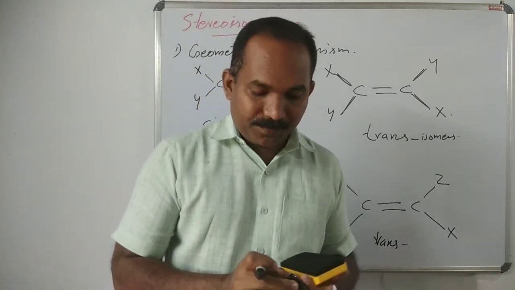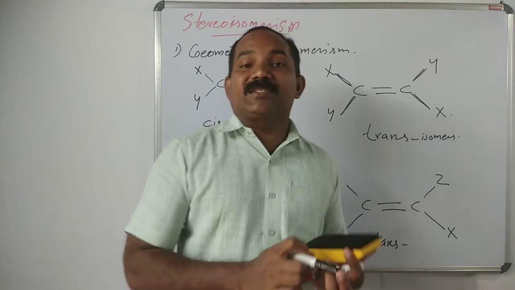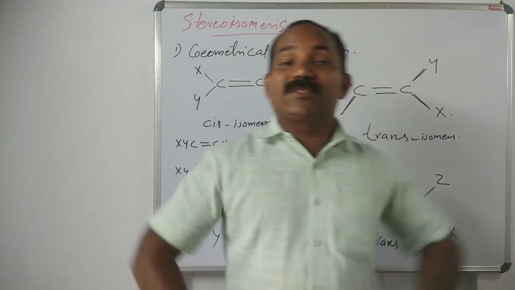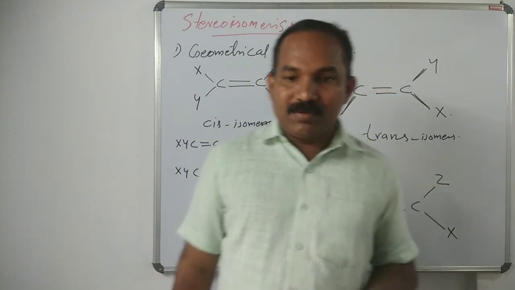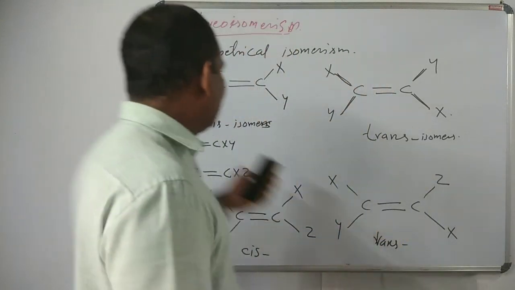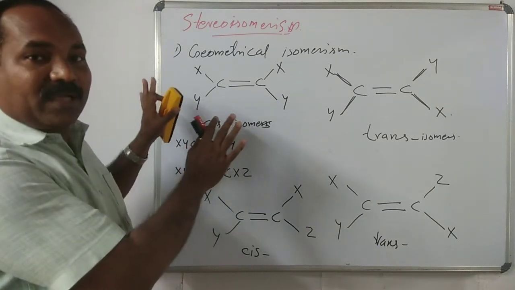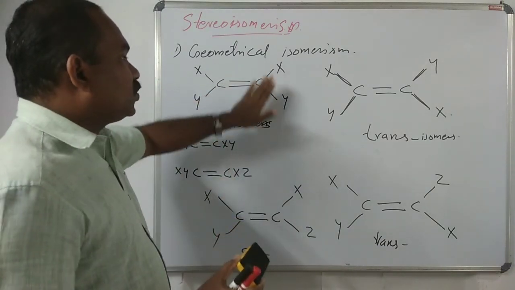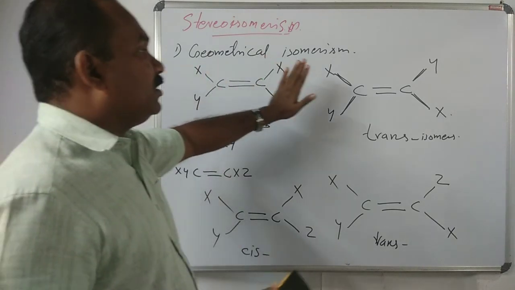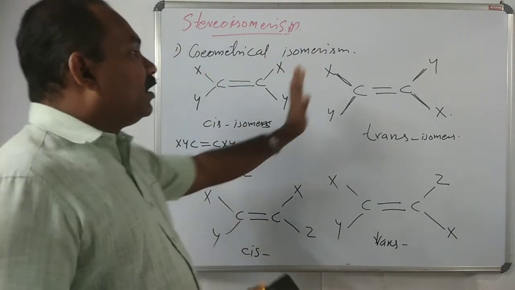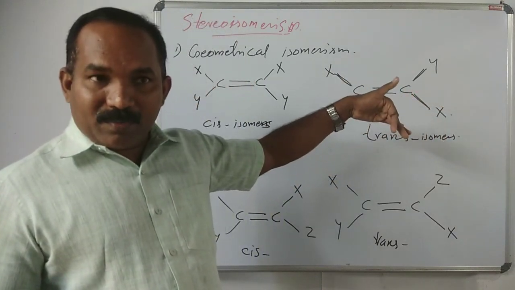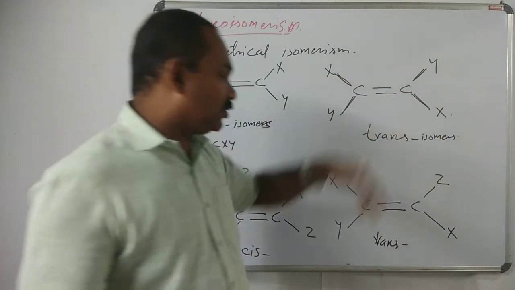Are you clear? Yes. Then let's discuss some examples. First example is butene. You should memorize these two things: X and X on the same side, cis isomer; X and X on opposite sides of the double bond, trans isomer.